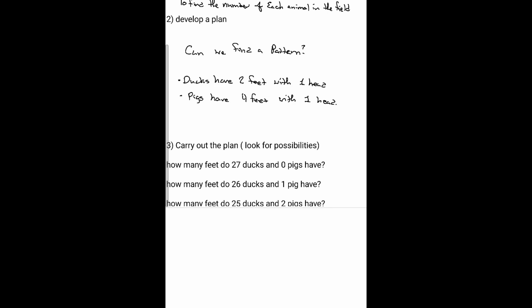Okay, so we're just looking at feet. If you're just looking at feet, 27 ducks, each duck has 2 feet. So that means if you're looking at just duck feet, we have 54 feet. And then how many feet do 0 pigs have? Well, they should have 0. So we have 54. That's one possible scenario.